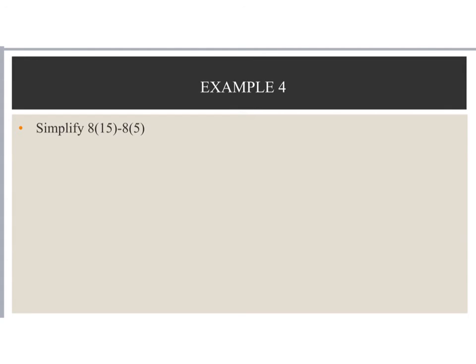Now the distributive property also works in the opposite direction. So here we're told to simplify 8 times 15 minus 8 times 5. So really what I can do, because I see that both of these are being multiplied by an 8, I can really simplify that down to 8 times the quantity of 15 minus 5.